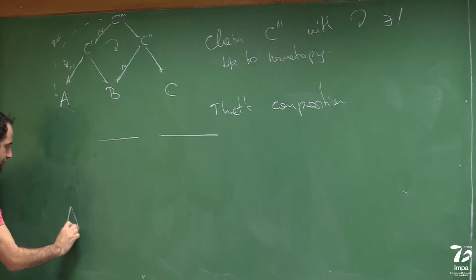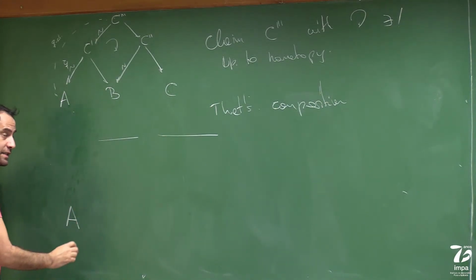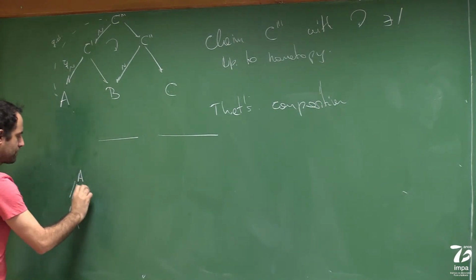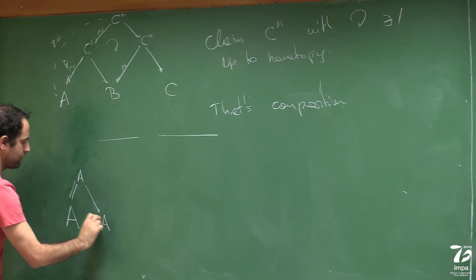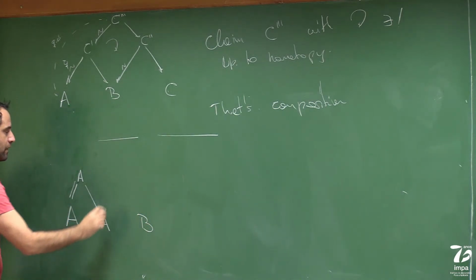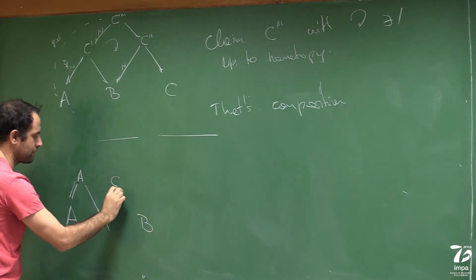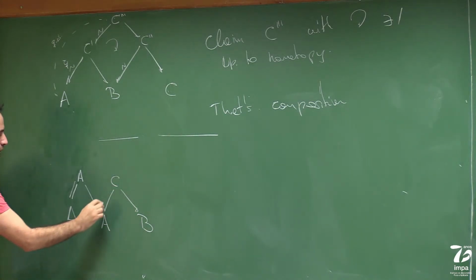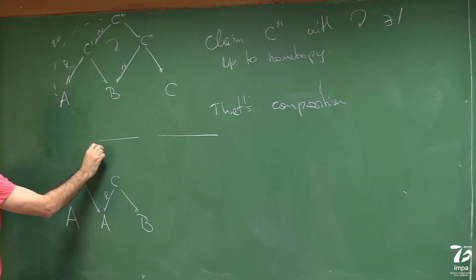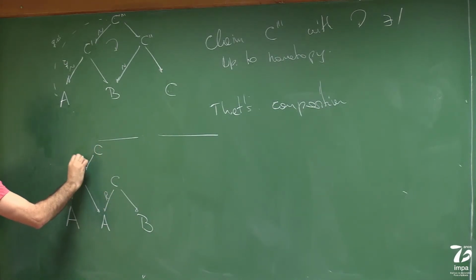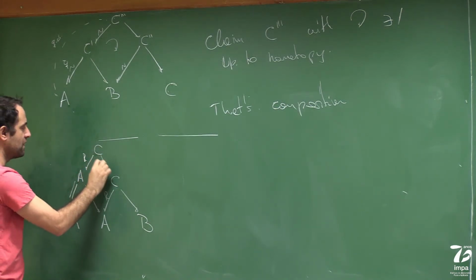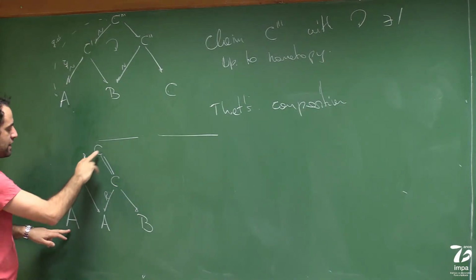So suppose I have the identity morphism from A to A. It's just this. And I have a morphism from A to B, which is this. And this F here is a quasi-isomorphism. Then what you do is just pick C, map into F. This is a quasi-isomorphism composed with the identity is a quasi-isomorphism, and here's the identity, and clearly this diagram commutes.